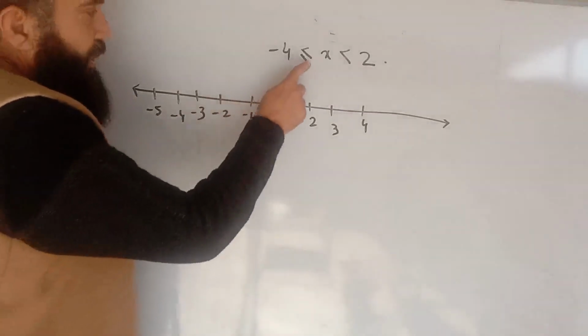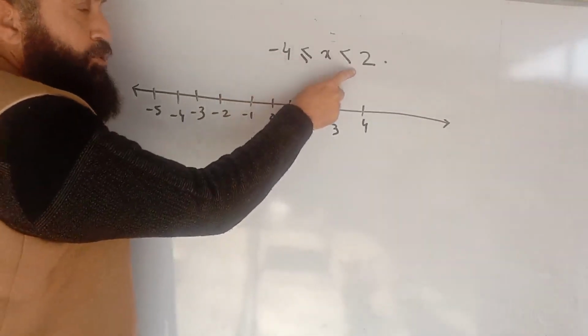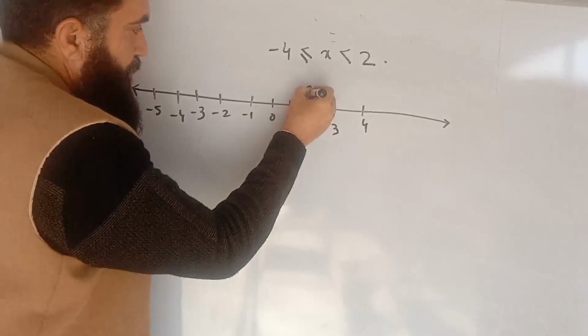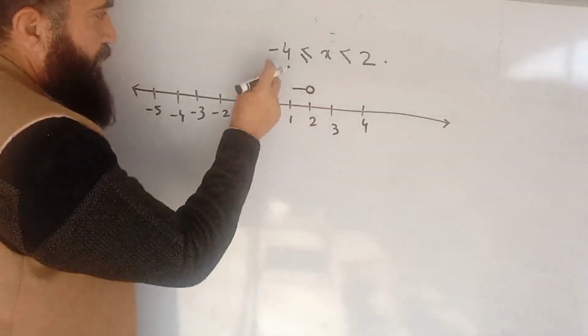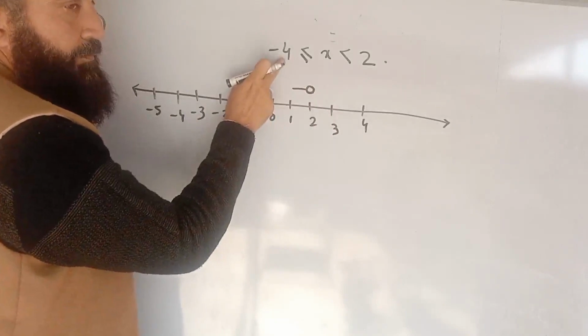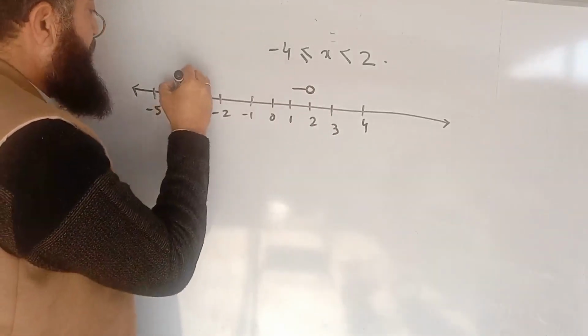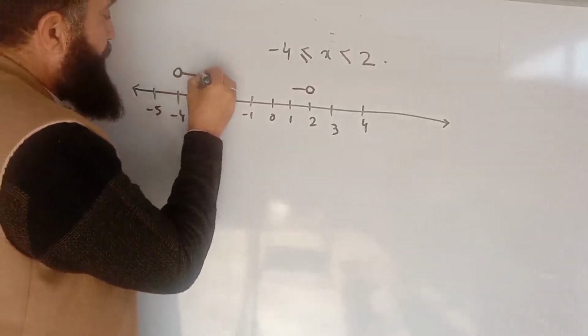So x is something which is greater than or equal to -4 and less than 2. So all the numbers from here on this side are less than 2. But the extreme minimum value is -4. -4 is here, and 2 is here, and I joined them.